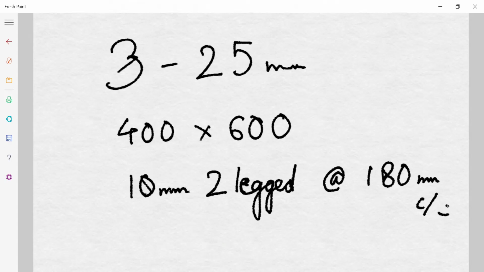So this is the final design of the secondary beam of a raft that is given to us. Thank you for your patient listening.